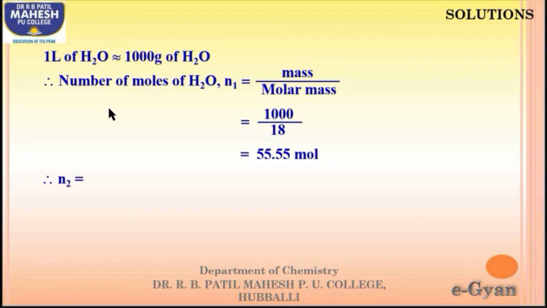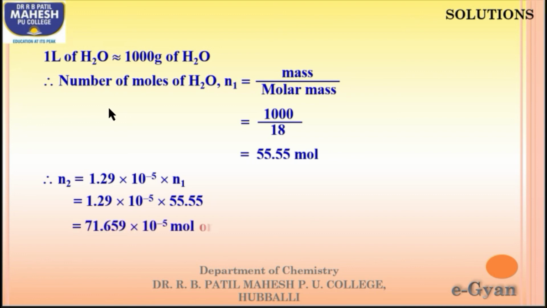The number of moles of water in 1 kg or 1 liter or 1000 gram is equal to 55.55. So substitute: n2 is equal to 1.29 into 10 to the power of minus 5 into n1, that is 1.29 into 10 to the power of minus 5 into 55.55, which is equal to 71.659 into 10 to the power of minus 5 moles, or 0.7166 into 10 to the power of minus 3 moles.